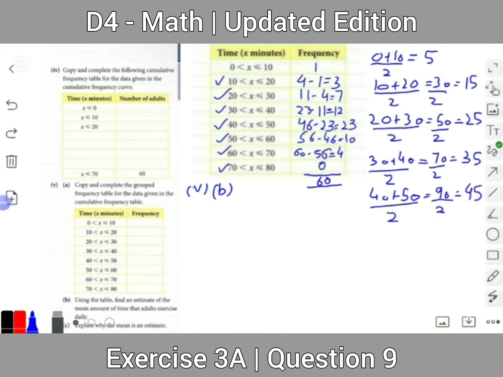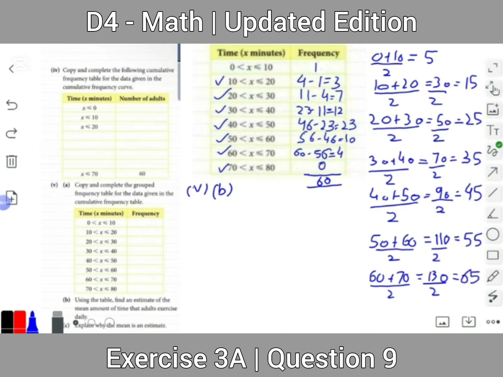For the sixth class interval, we have 50 plus 60 divided by 2, which equals 110 divided by 2, simplified to 55. For the second last interval, we have 60 plus 70 divided by 2, which equals 130 over 2, and it equals 65.